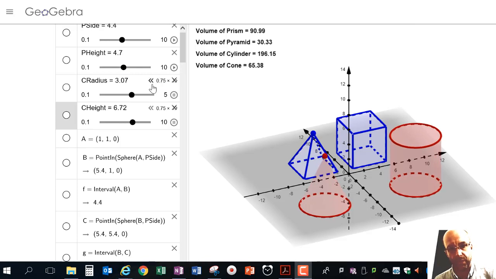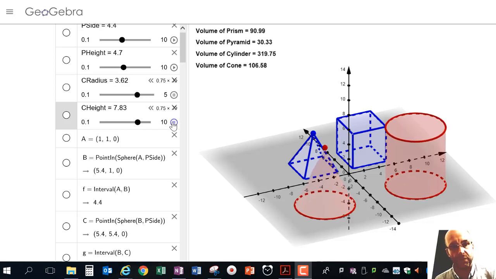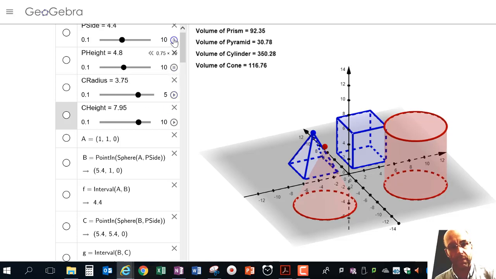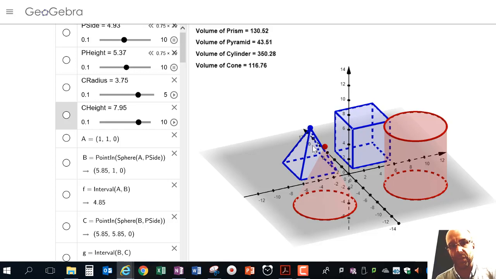So if you're stretching out the circular shapes, you can see the results change. You can pause it at any time and test it out yourself, or likewise with the other two shapes too. Okay, so I'm adjusting both, and you can see the calculations change. You can try that yourself.